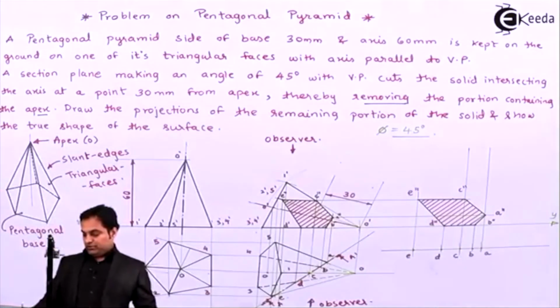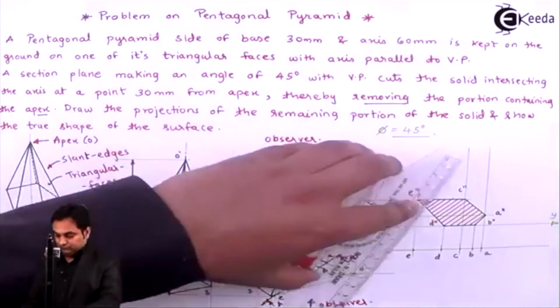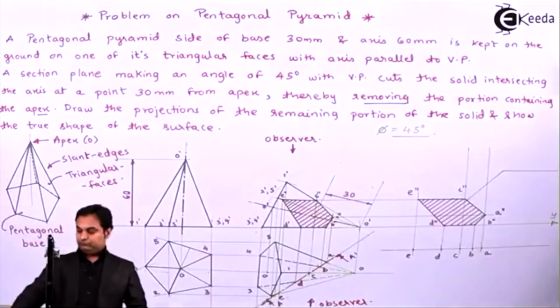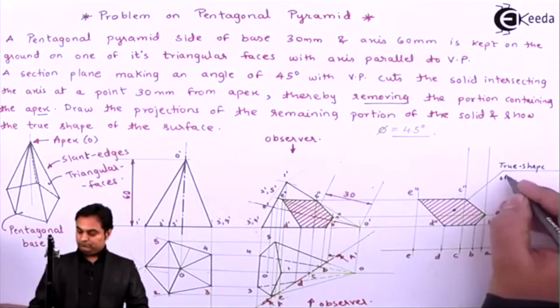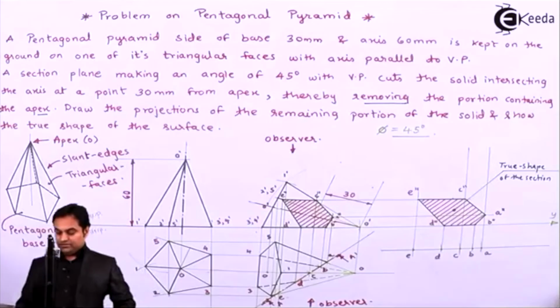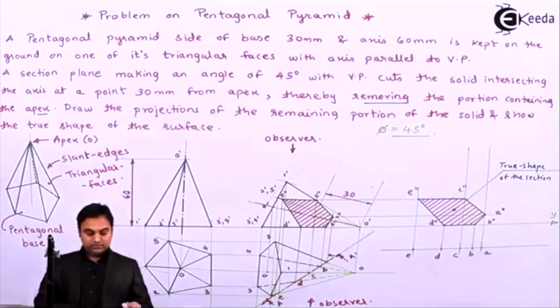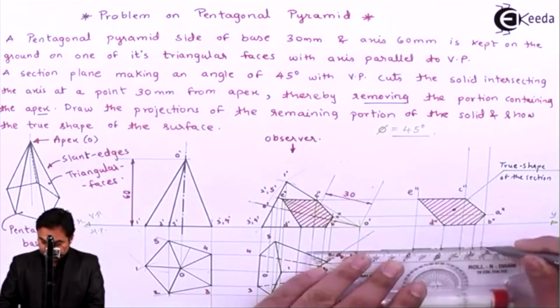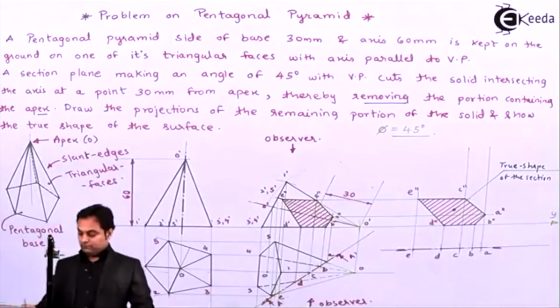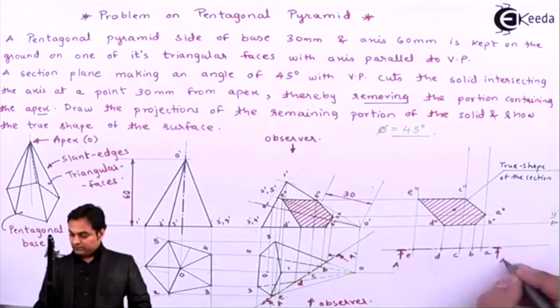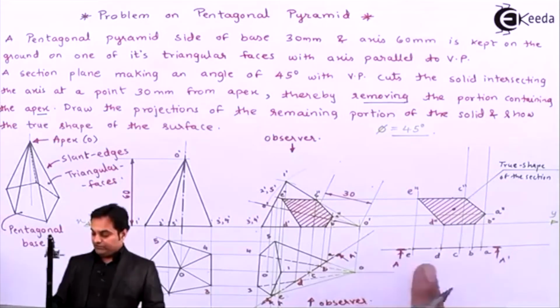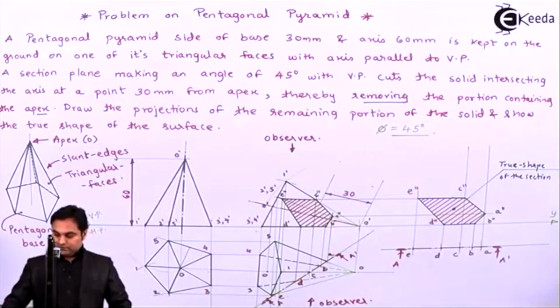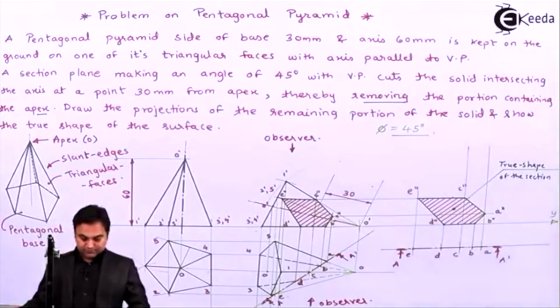So this is the true shape of the section. And next, I'll make this cutting plane dark. Cutting plane AA dash, this is the viewing direction, then giving the dimensions to it.